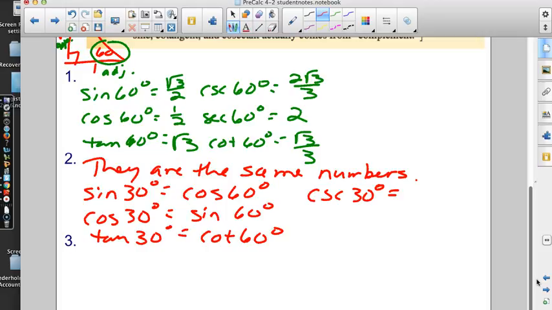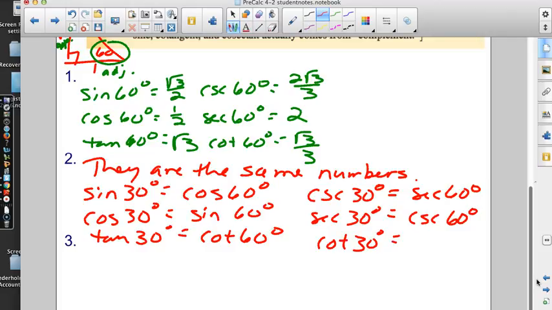So that will be secant of 60 degrees. How about the secant of 30 degrees? Yep, cosecant of 60 degrees. I'm going to have to read lips. Who wants to say this stuff out loud? Then the cotangent of 30 degrees, what does that equal? Tangent of 60 degrees. There they were. Same numbers in different positions.